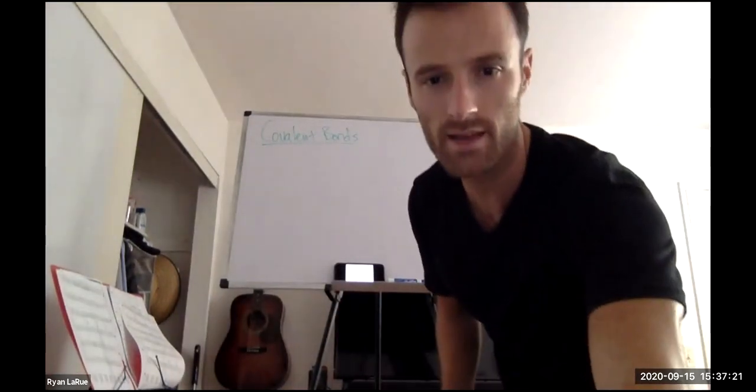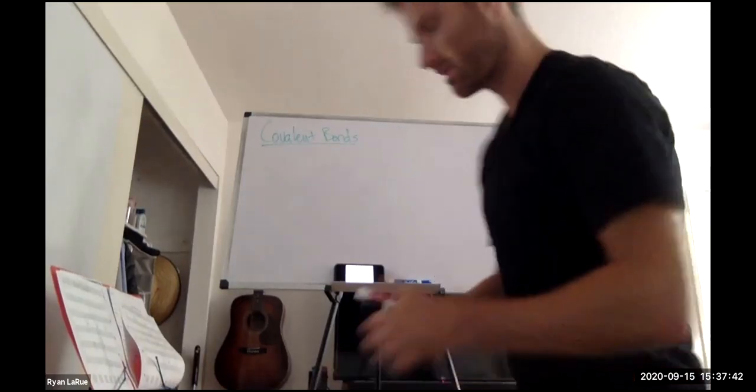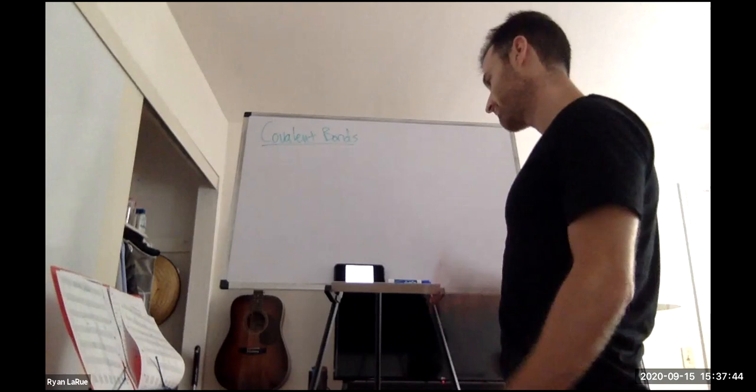So if we go back to that definition of a covalent bond, atoms are sharing one or more pairs of valence electrons. What we just saw was an entirely complete transfer. Here we are sharing. To help remember that, we can look at the word covalent.